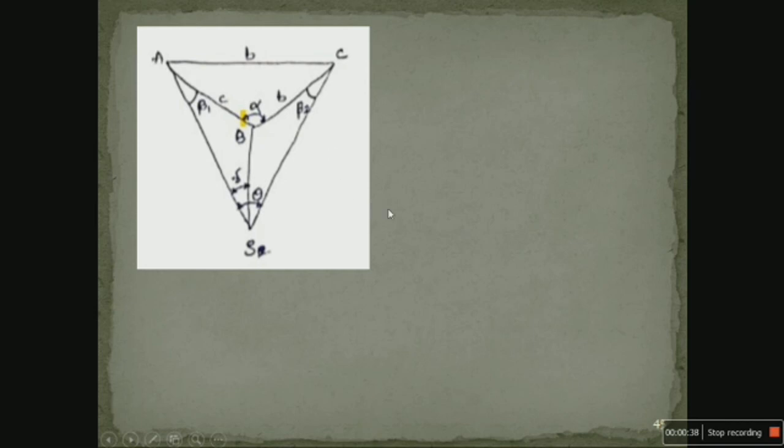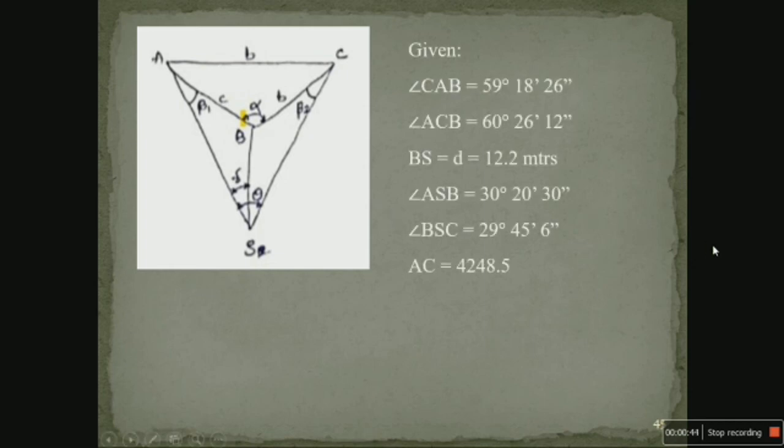So first we have to note down what data are given in the problem. Here they have given the angle CAB. Similarly, they have given the angle ACB, and the length of B2S, which is 12.2 meters.